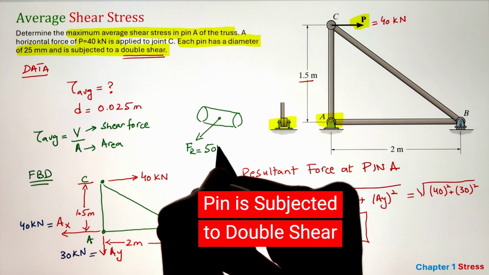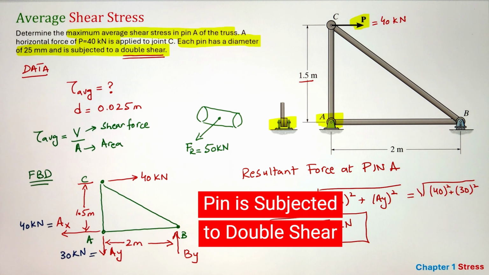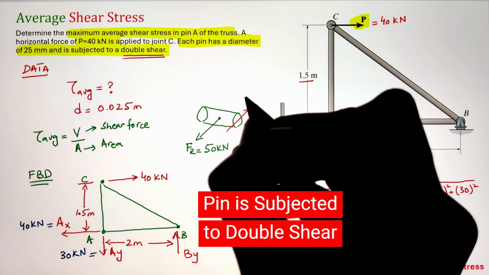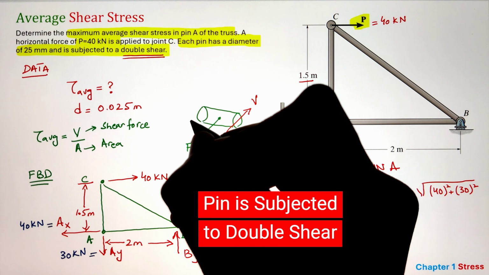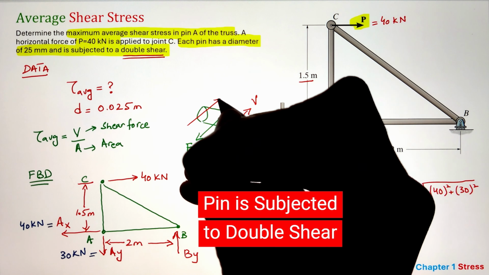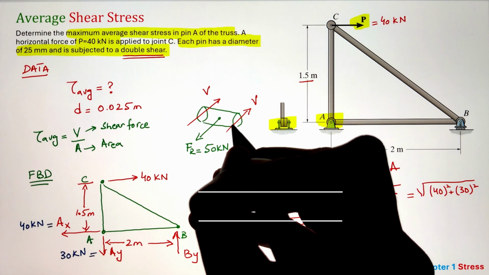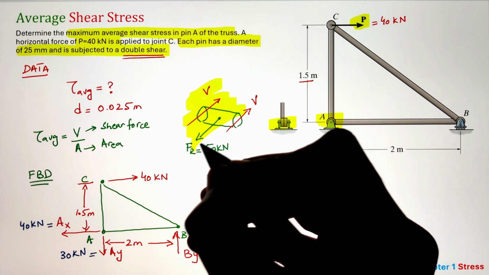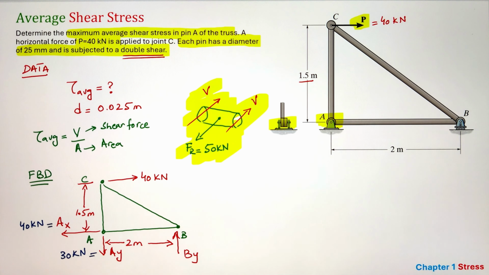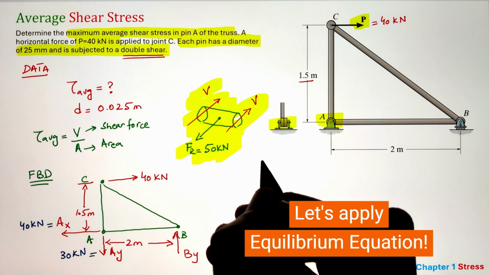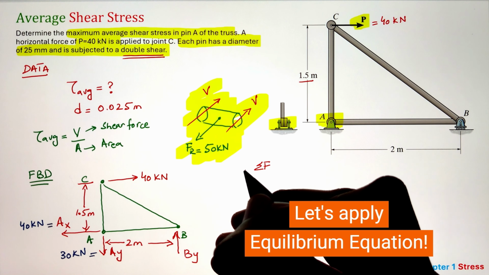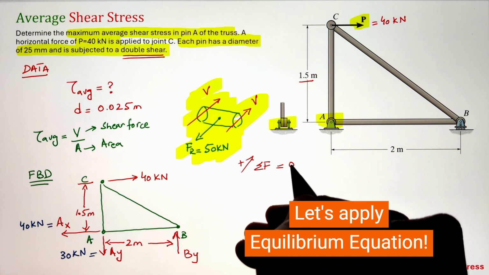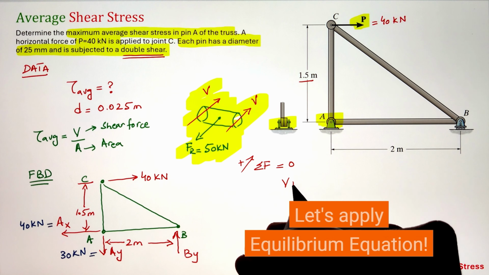And since I have double shear, I have V acting on both sides of the pin. From this diagram, we can go ahead and apply our equilibrium equation and basically sum the forces, because for an equilibrium condition, the forces should be canceling out one another. So in this case, the value of shear force V is coming as 25 kilonewtons.